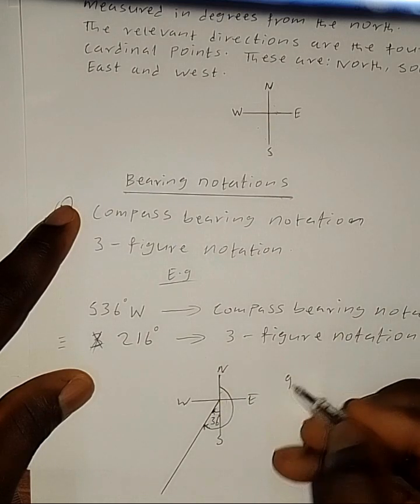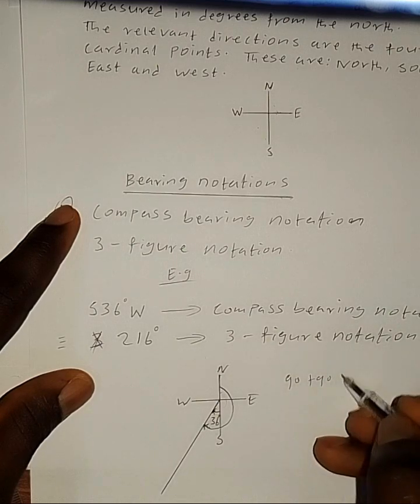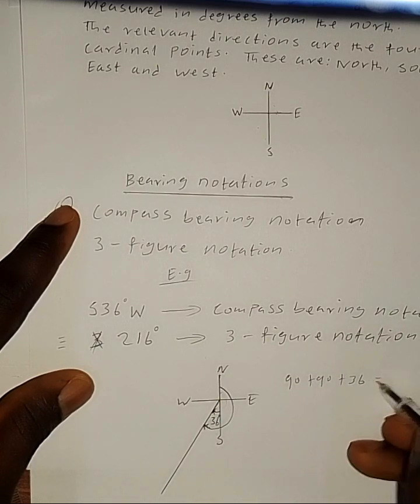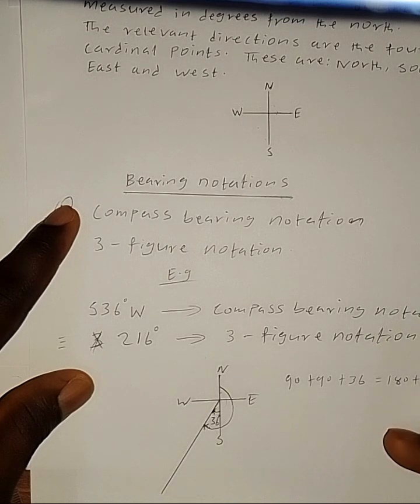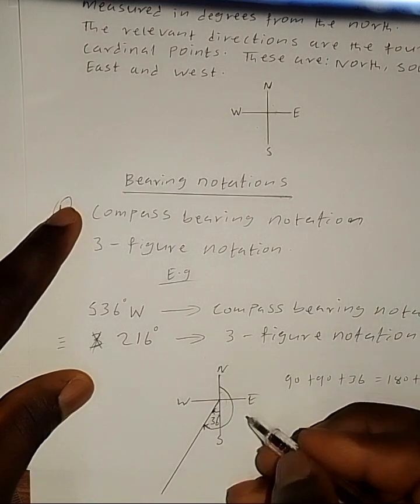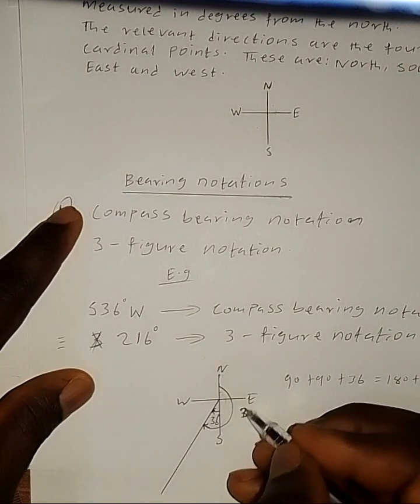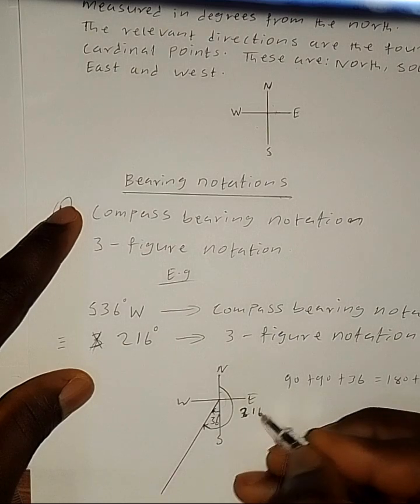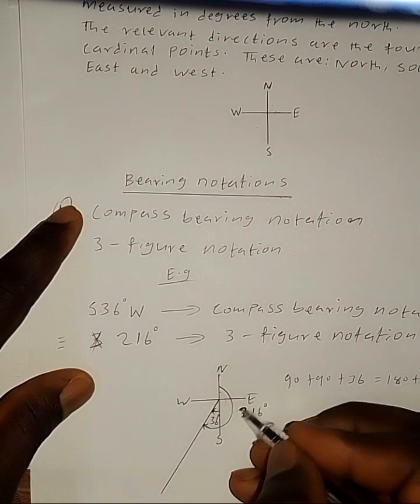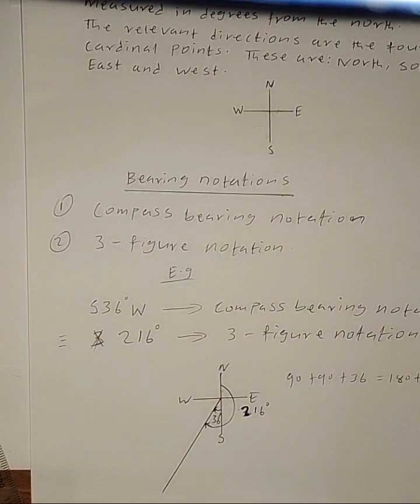So it's going to be 90 plus 90 plus 36, which is 180 plus 36, and that will give us 216 degrees. That's the value in three-digit notation.